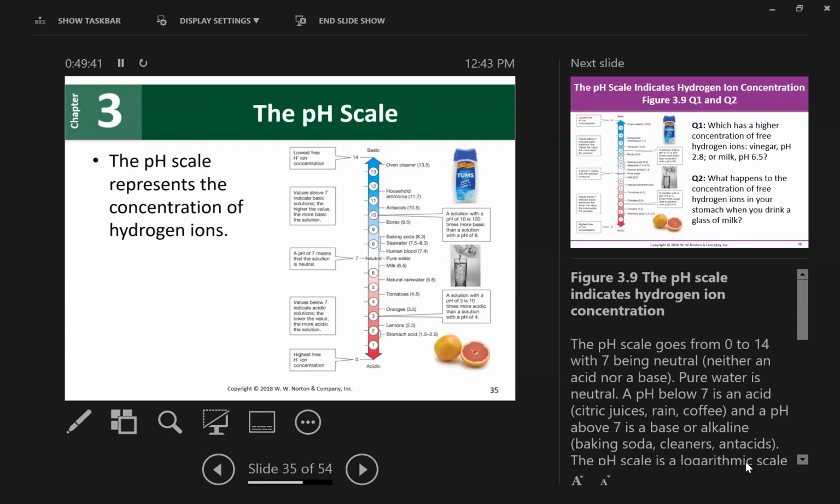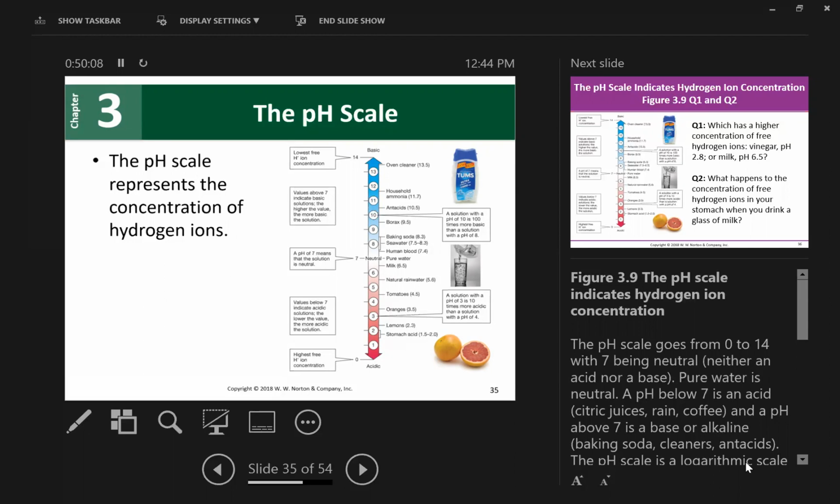Let's look at the scale here. So there, 14 is our most basic. That means that we are able to take on hydrogen ions. Acidic means at 0, means that we're giving away hydrogen ions. And right there at 7, that's our neutral. So we want to think about that as being water.